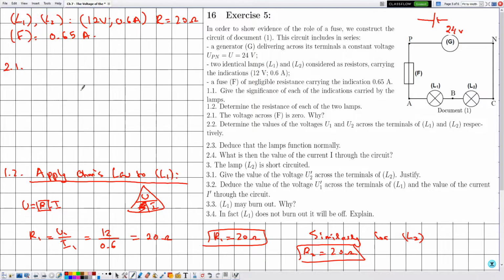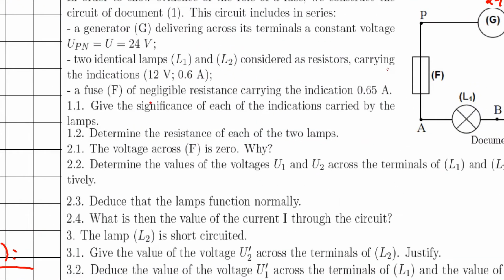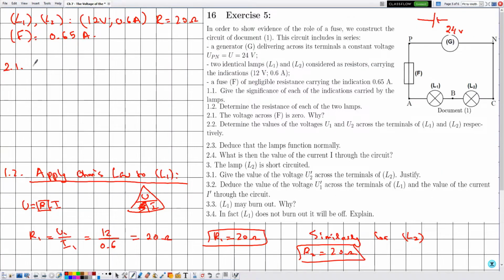Now in 2.1 they are telling me the voltage across F is 0. So notice that the fuse is of negligible resistance, so the voltage is 0 since it is of negligible resistance.